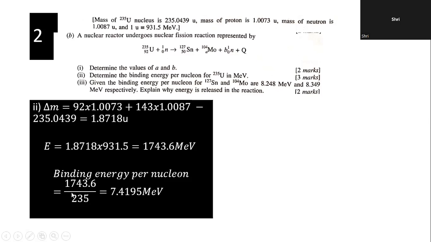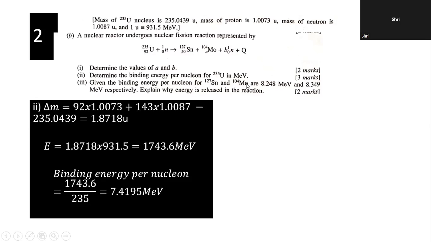Then subtract to get the number of neutrons, 143 neutrons times the mass of neutron, minus the mass of uranium. That's what you get. Then you convert to energy using the conversion factor. Then divide per nucleon, divide by 235. That's where I got 235 from. That's the answer.